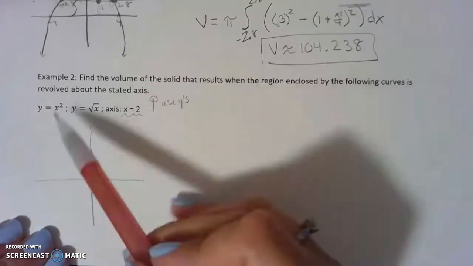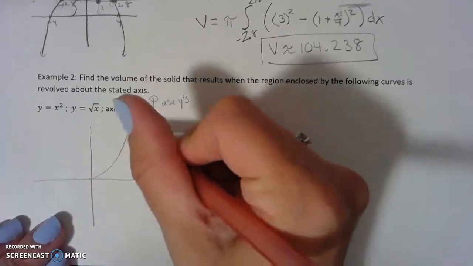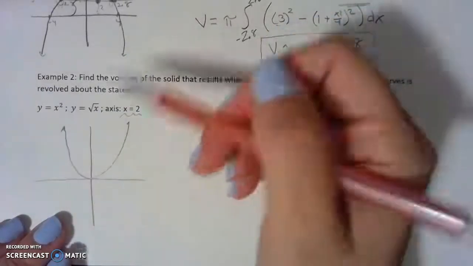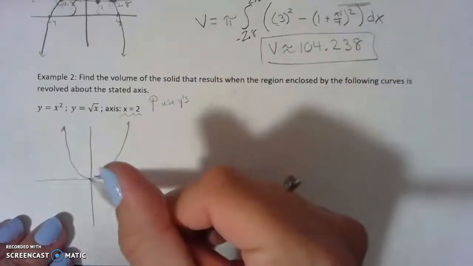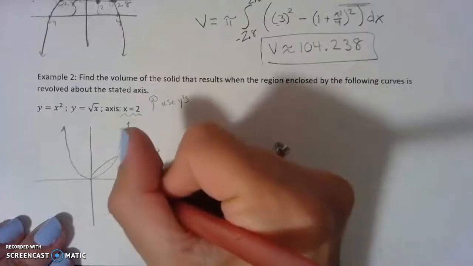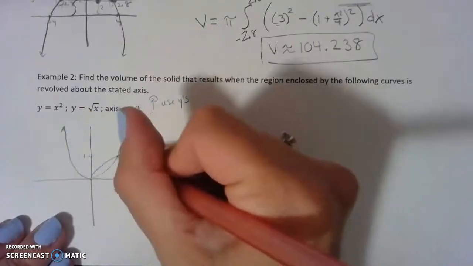Okay, x squared, that looks like this. The square root of x, that one's going to look like this. I know that these are going to intersect at (1, 1).